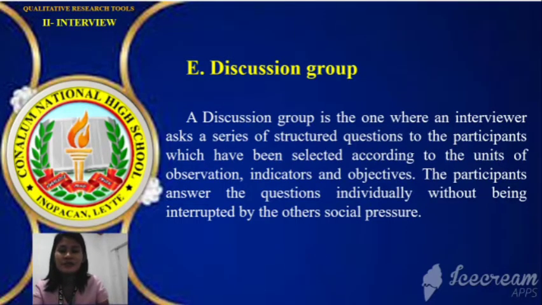The participants answer the questions individually without being interrupted by other social pressure. So as I said, we cannot force one to answer us. Okay? So that is, again, another characteristic of the researcher. We should not force the respondent. If they are not willing to give us the answer, then you should stop asking, or you can ask another question.